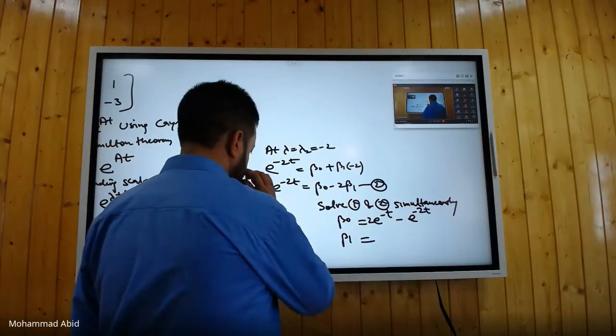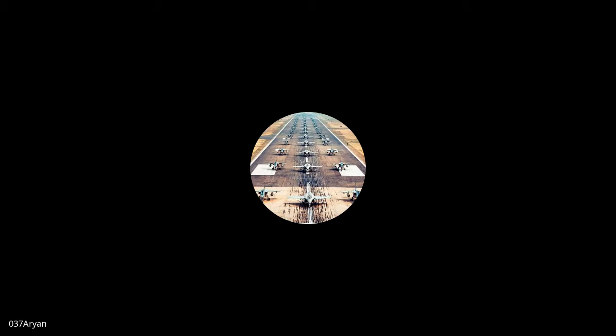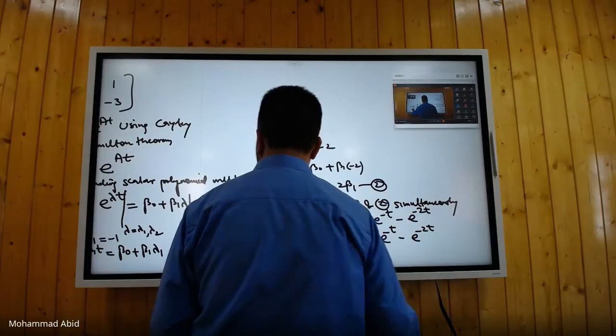Okay. What is beta 1? Beta 1 is e to the power minus t minus e to the power minus 2t. Yes, sir. Okay?